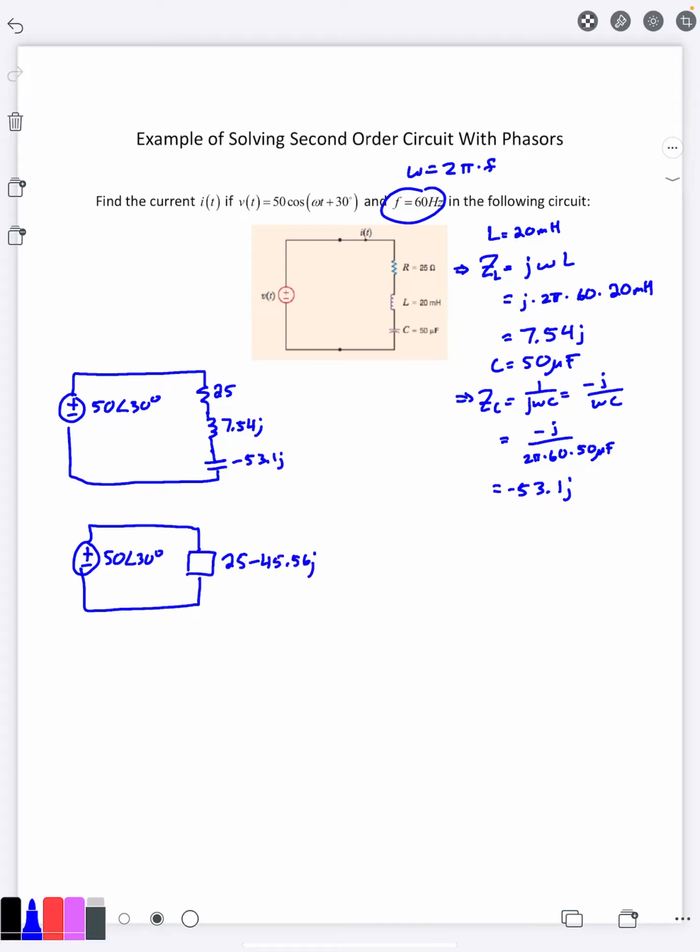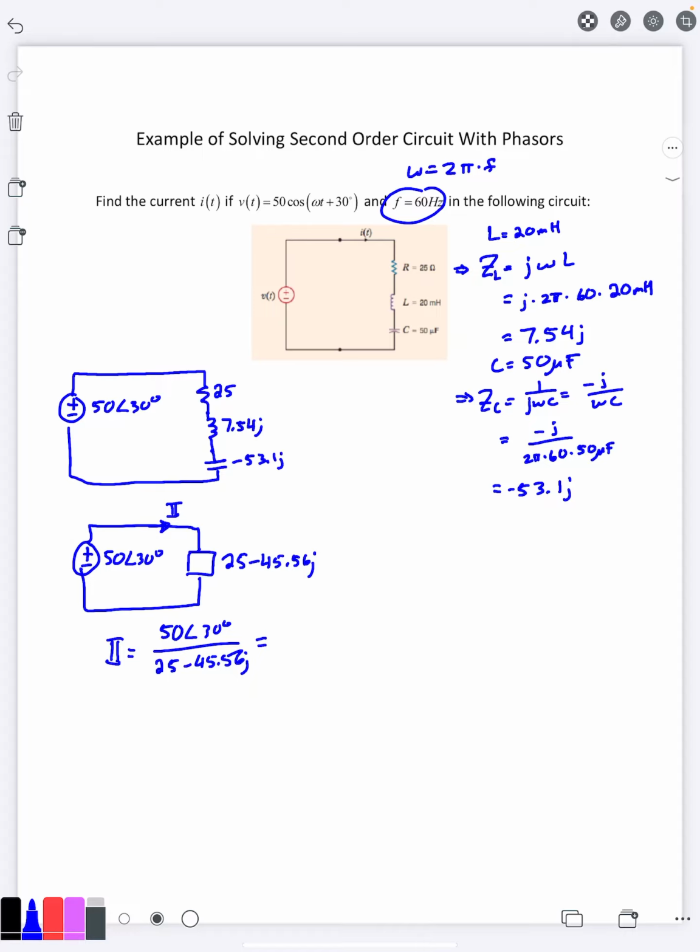Now, since the overall impedance of the circuit has a negative imaginary part, that means it's a capacitive circuit. They don't ask us that, but just point it out. And we're looking for this current here. So just based on phasor Ohm's law, current is going to be the voltage over the impedance here.